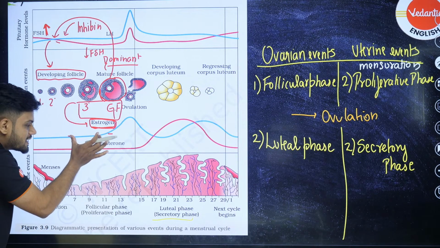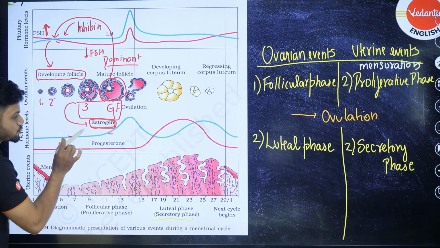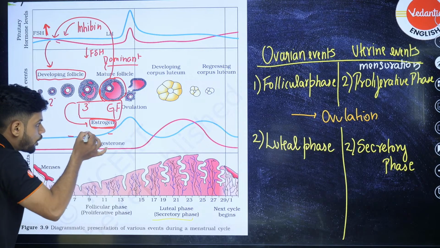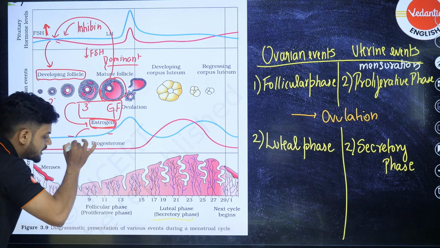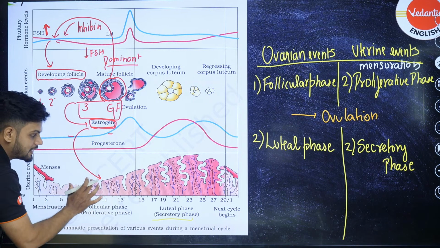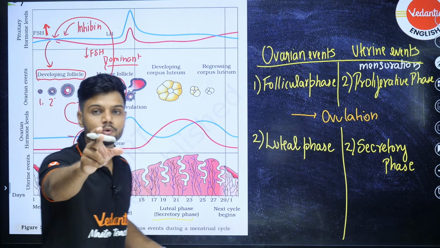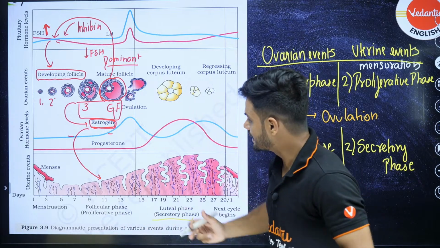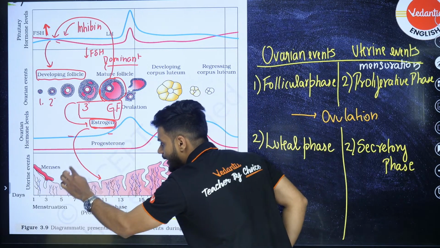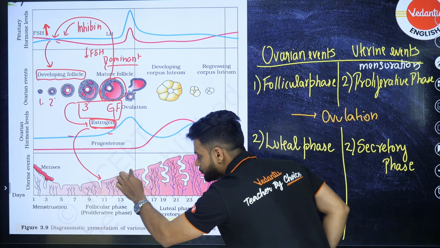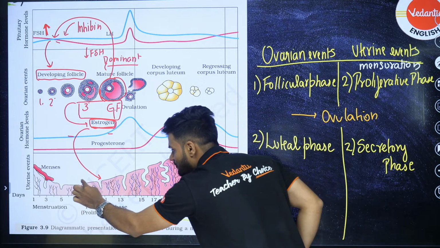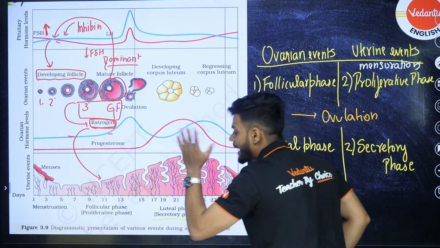Now, once there is an increase in the level of estrogen, what is happening? Because of the increase in estrogen, it is influencing the development of the endometrium layer. Point to be noted: the increase in level of estrogen is the causative reason for the development of the endometrium layer.